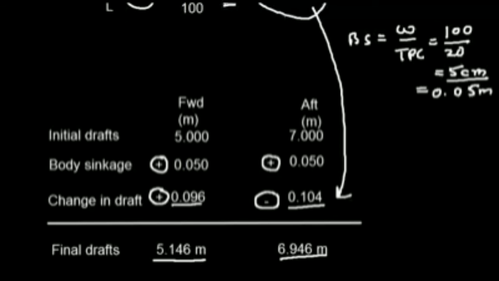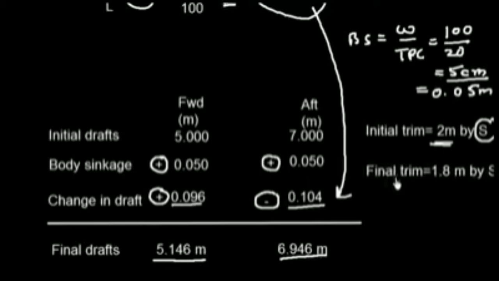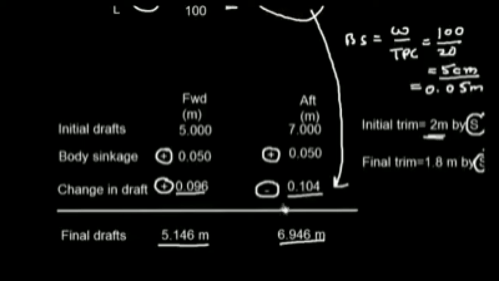Just for sake of cross check, we know that the initial trim is 2 meter by stern. The trim is the difference between forward and aft draft, so 7 minus 5, that is 2 meter by stern. Why by stern? Because the aft draft is more. Now the final trim is 1.8 meter by stern. Why? Because 6.946 minus 5.146 will give me 1.8. So my trim from 2 meter is reduced to 1.8.